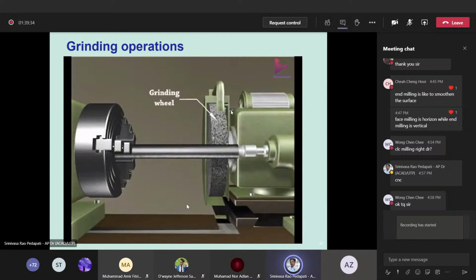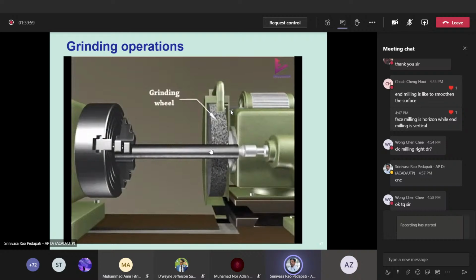So this animation is about external cylindrical grinding, where this is the part, the work, which is held. When I say cylindrical grinding, it is because the workpiece is held between the centers. When the workpiece is not between centers, this is called centerless grinding. What is that center? These are called centers.